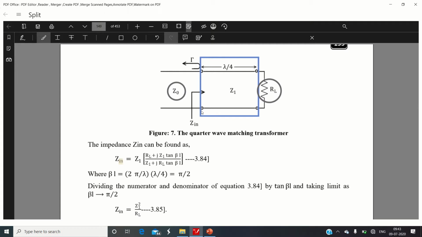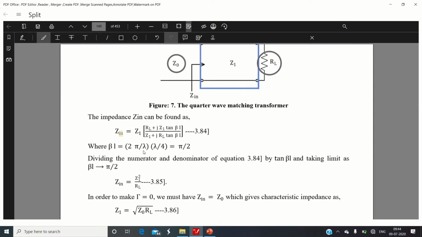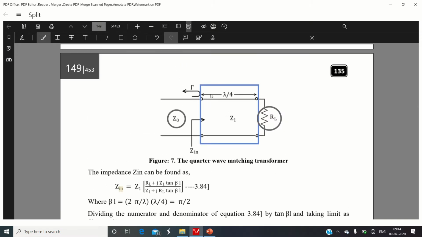Z in is given by Z1 times RL plus jZ1 tan beta L, divided by Z1 plus j times RL tan beta L, where Z1 is the impedance of the quarter wave transformer transmission line. Beta is 2 pi by lambda, and L is the length of that quarter wave transformer.